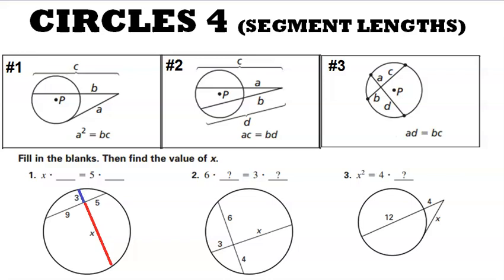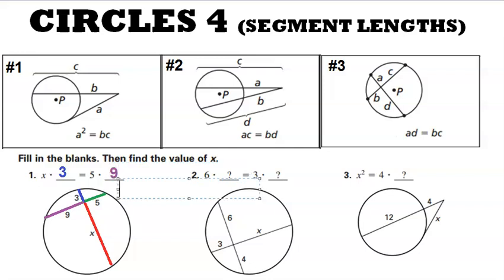So x times 3 equals 5 times, and then you ask yourself, what is the other piece attached to the 5? Okay, well, x times 3 equals 5 times 9. There you go.